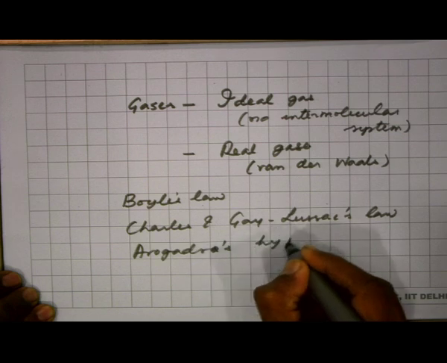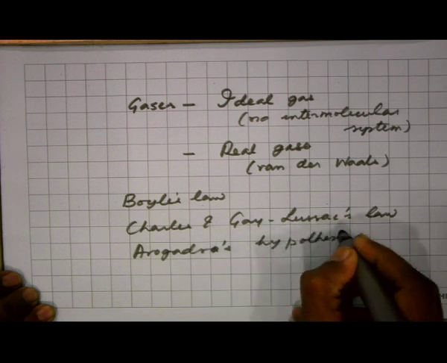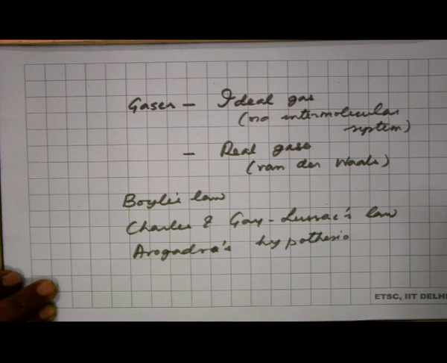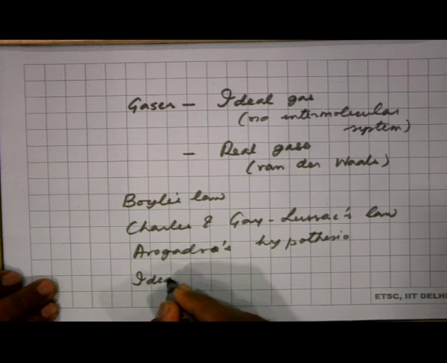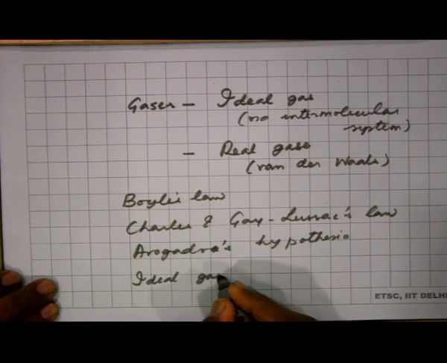All very important in the way we do chemistry right now, in the way we understand chemistry right now. And then we will talk about the ideal gas equation of state.